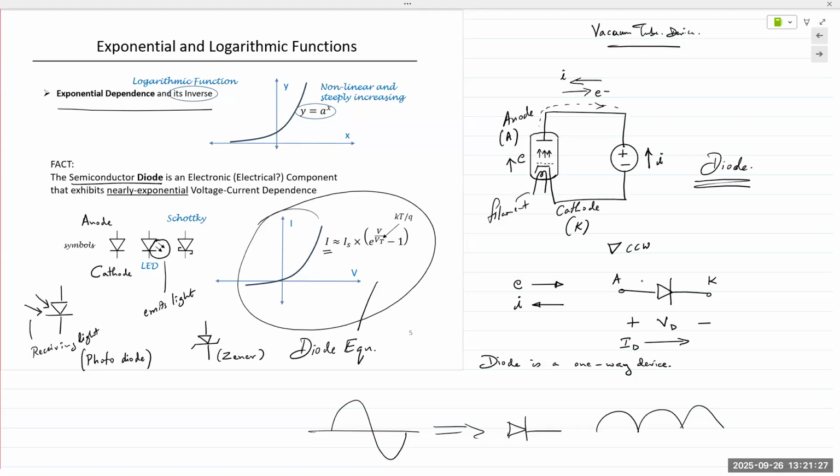Those are the reference directions and the polarity for the diode voltage and the diode current. Let me put a box around it. Always goes from anode to cathode. So unlike a resistor, unlike a capacitor, unlike an inductor, a diode and other electronic semiconductor devices have specific voltage polarities and current flow directions.